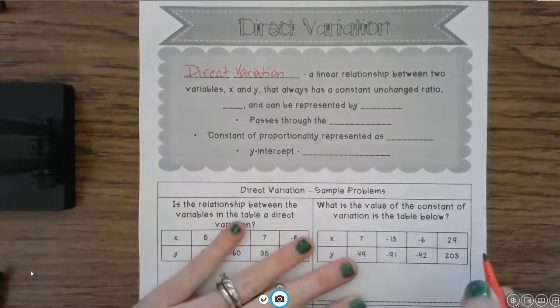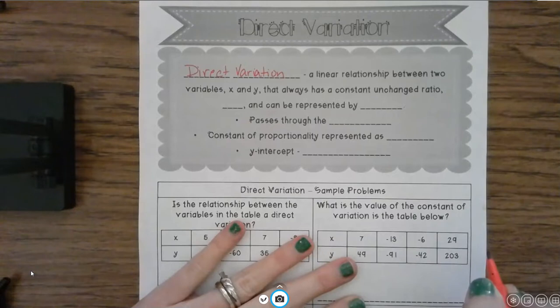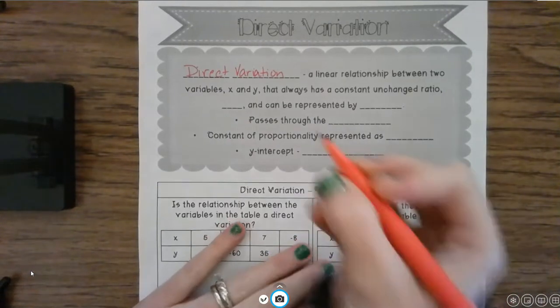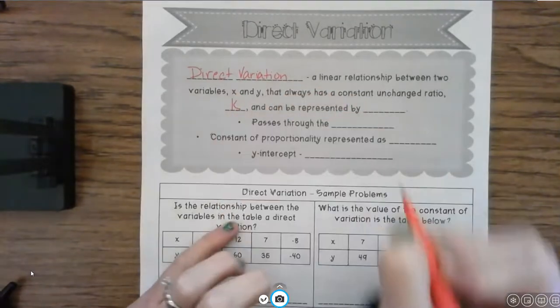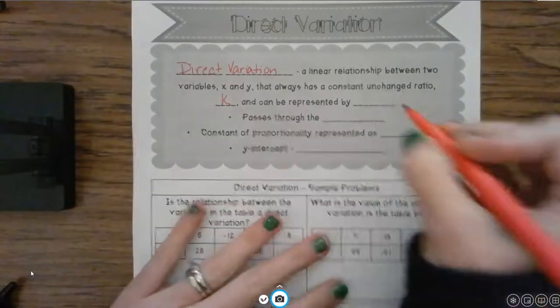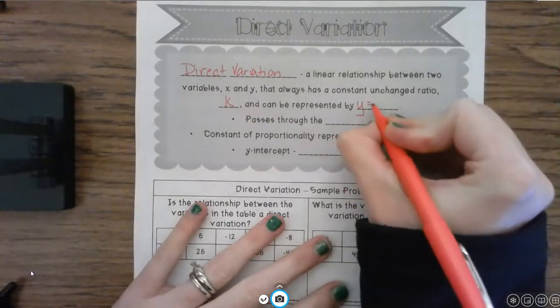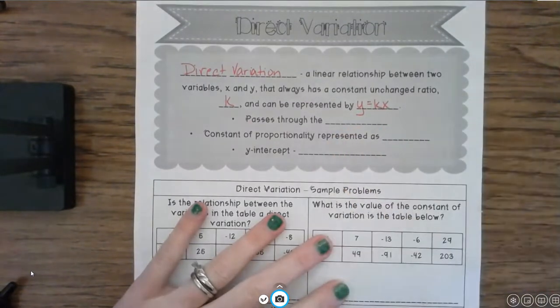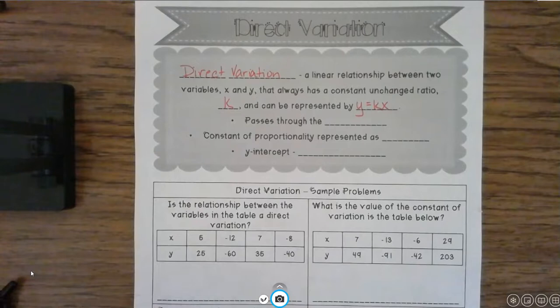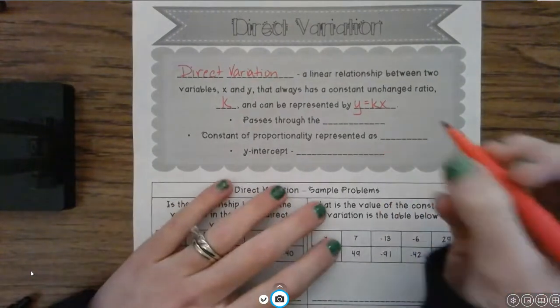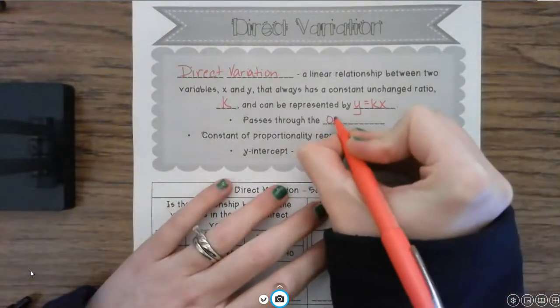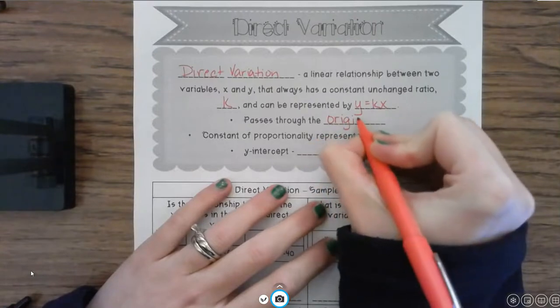is a linear relationship between two variables, x and y, that always has a constant, unchanged ratio. And that ratio is k and can be represented by the equation y equals kx. So direct variation equations or relationships pass through the origin.